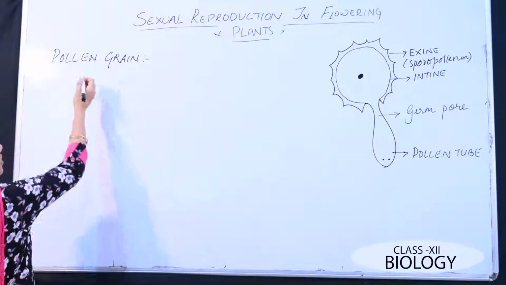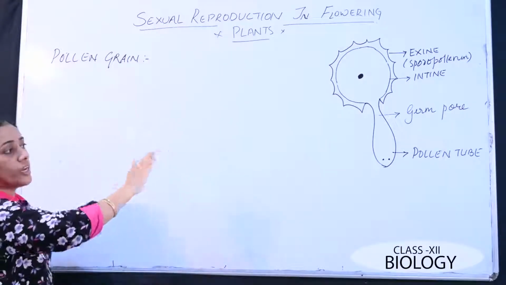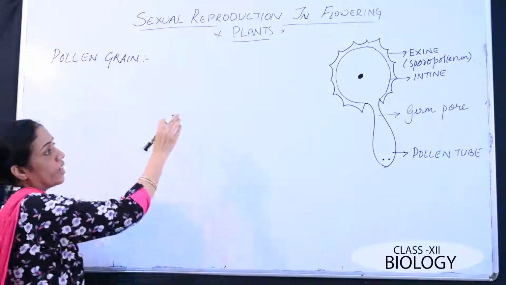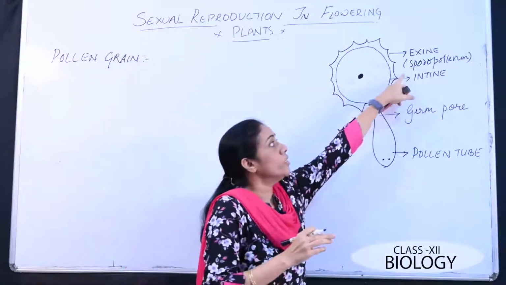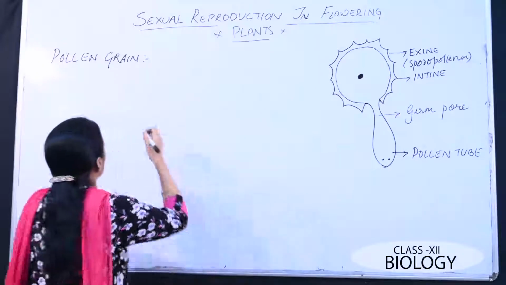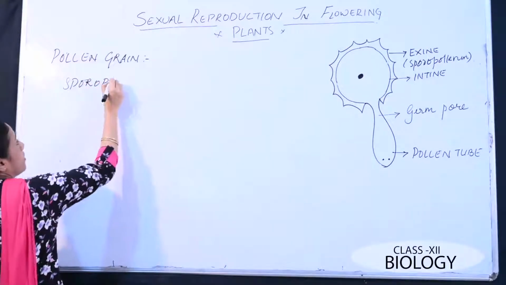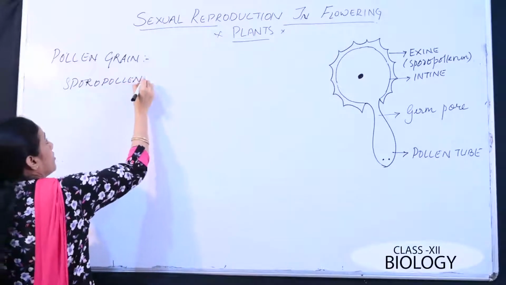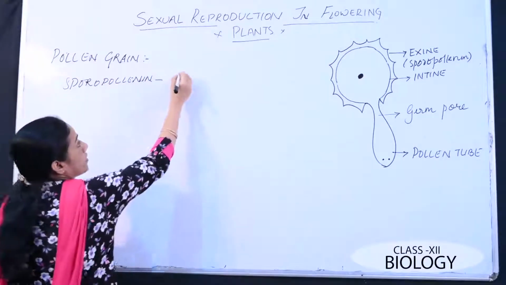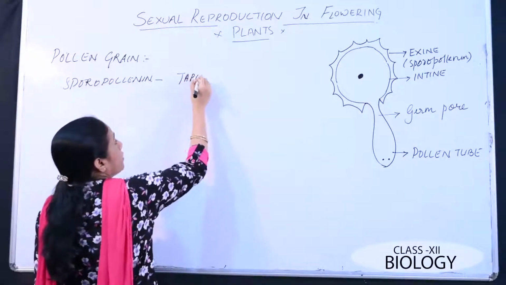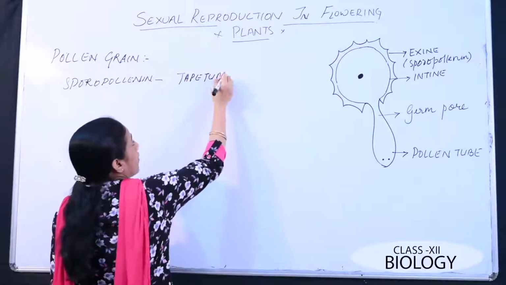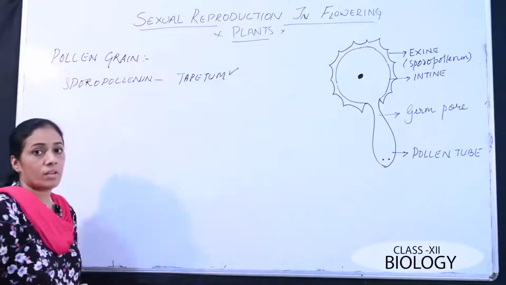Now, the pollen grain, as we had discussed, has sporopollenin in the exine, and who secretes this sporopollenin? You can write that it is secreted by the innermost layer of the anther wall, and that is the tapetum.